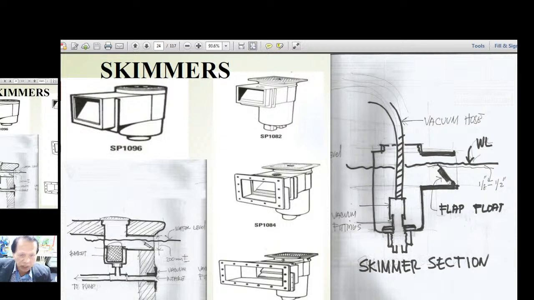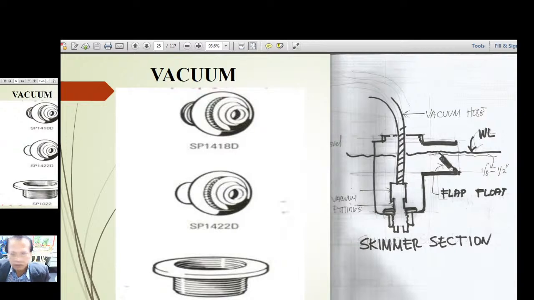And skimmers. These are the skimmers provided on the side of the pool, very near the edge. And on the right side is a sketch of the skimmer here. Okay. And the vacuum. Okay, this is the vacuum.